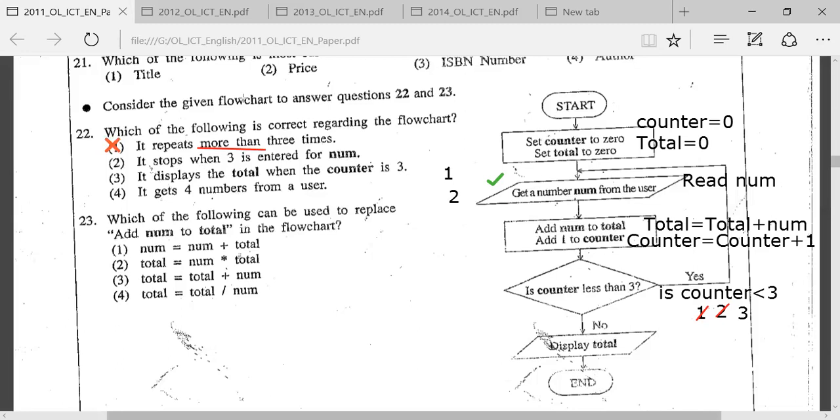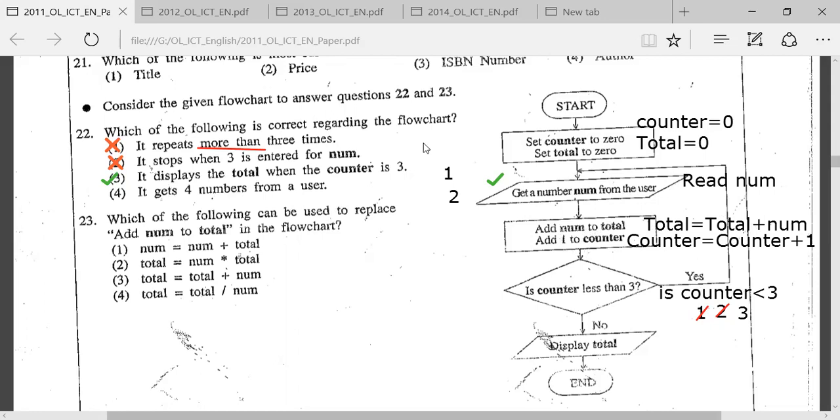So that is also wrong. It displays the total when the counter is 3. Here, when counter is equal to 3, it will be 3 less than 3, no display total. So that is fine. It gets 4 numbers from the user. No. Initially 1 number, then 2 times go back the iteration.